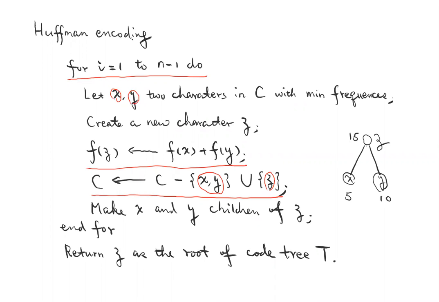Frequency is the number of occurrences of the characters. Sometimes we normalize it, and then the total sum will be 1. Otherwise, if we do not normalize it, then it's the total number of characters, so that's the length of the original text. Eventually, we'll return the root as a code tree.